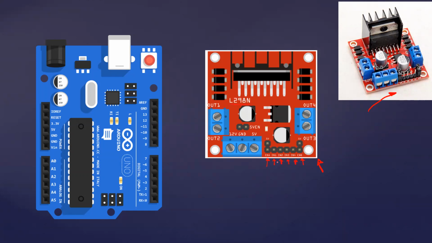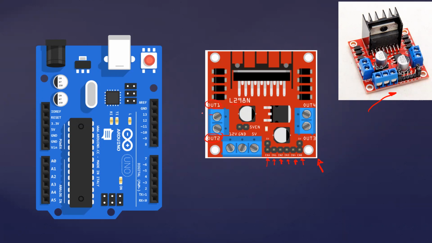Basically enable A and enable B are used to control the speed of the motor. Why are there separate enable A and enable B? Because we can connect two motors simultaneously. You can observe here output 1 and output 2.